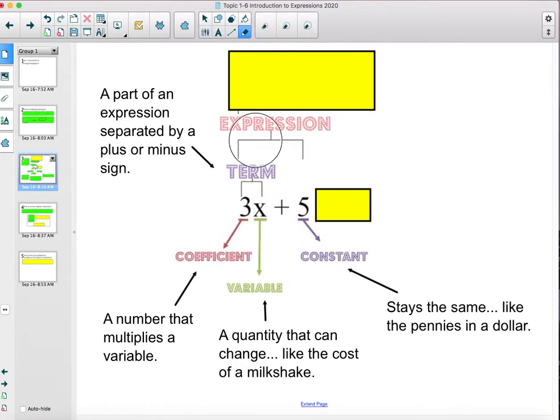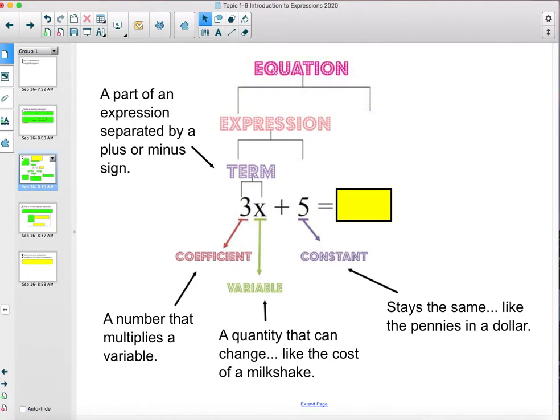Now, together, okay, if we were to throw in an equal sign, there would be an implication that we want to solve or find the value of that expression, okay? And in that case, we are going for an equation, okay? And in this case, they tell us that one side and the other side both equal 20.